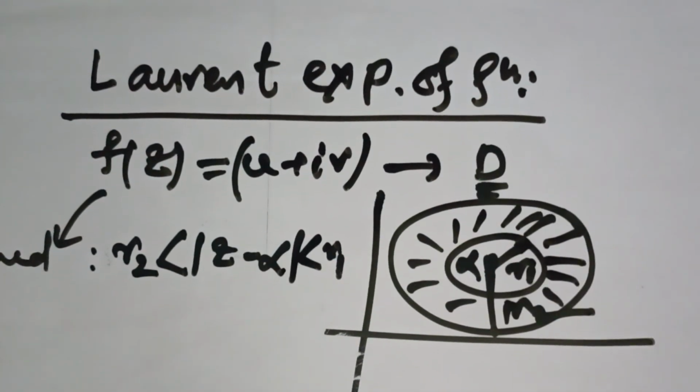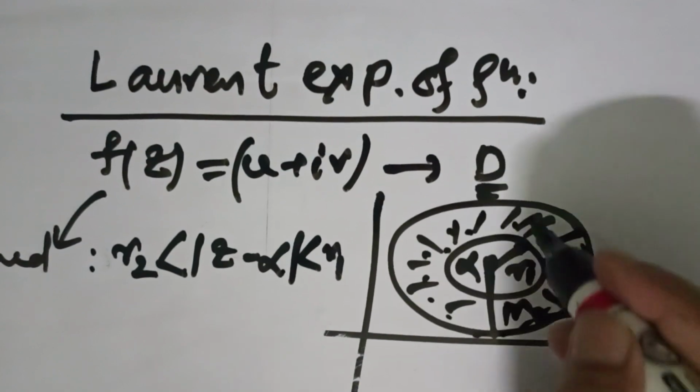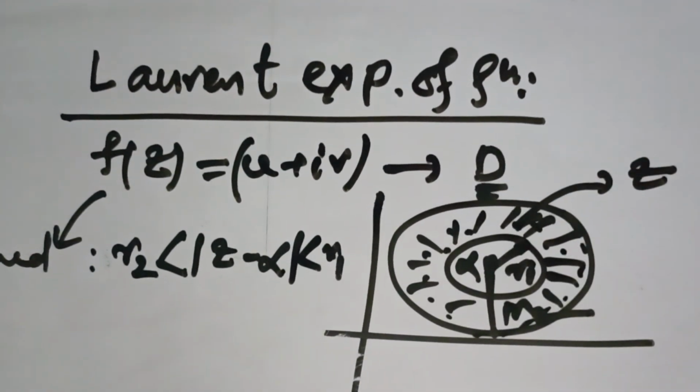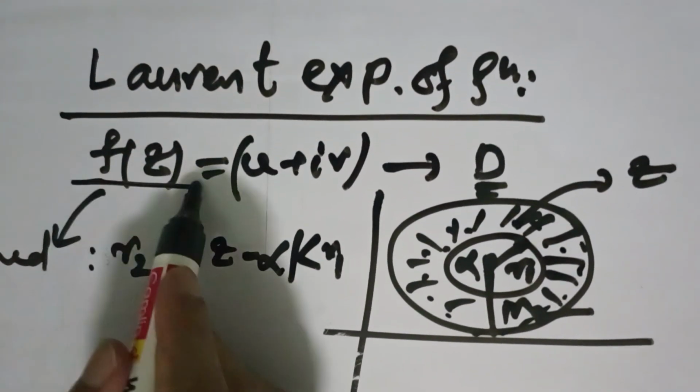Then for each point z in this annular region, you can represent f(z) as a power series.